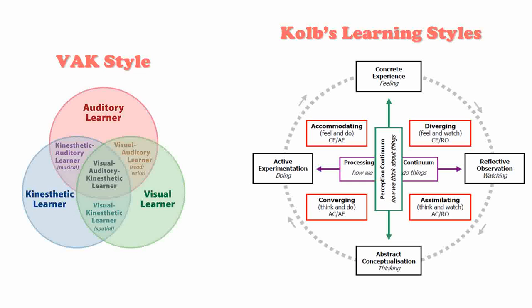So you learn by doing, whereas reflective observation on the extreme right is watching. So you would realize that these are four ways, and one of those four dominates your senses. So you're either a feeling type of learner, a watching type of learner, a thinking type of learner, or a doing type of learner. Now, there are combinations of this.